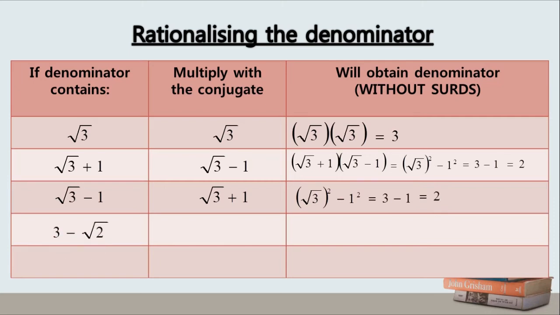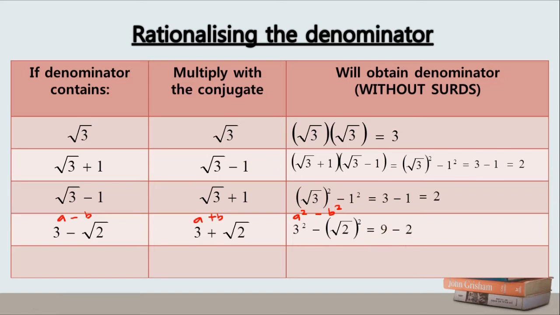And next, when we have 3 minus surd 2, our conjugate, yes, 3 plus surd 2. Again, after you multiply, okay, use formula, this one A minus B, and this one is A plus B. When we multiply, we will get A squared minus B squared. That's why kita akan dapat 3 squared minus surd 2 squared.